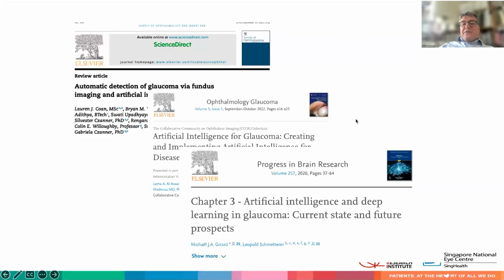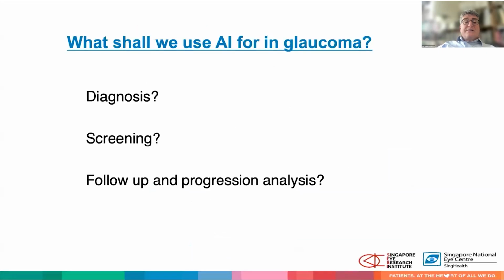And this actually outperforms all other techniques. But the real question, and that's the reason why I started with this polling question, is what should we use AI for in glaucoma? There are three ways: you can use it for diagnosis, for screening, or for follow-up and progression analysis.